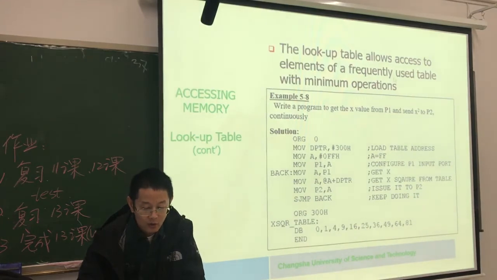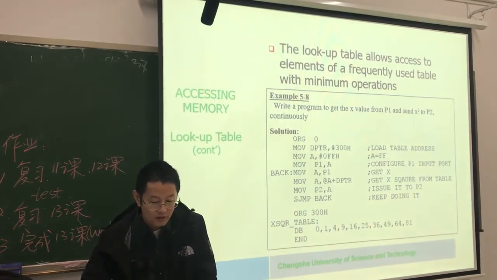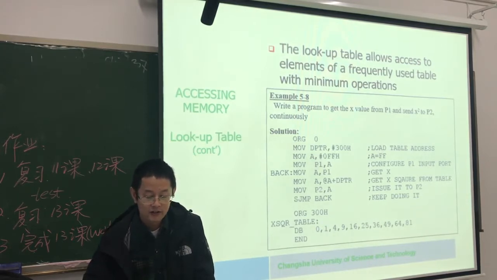A lookup table allows access to elements of a frequently used table with minimum operation. Lookup operations are used frequently because this code is executed faster.